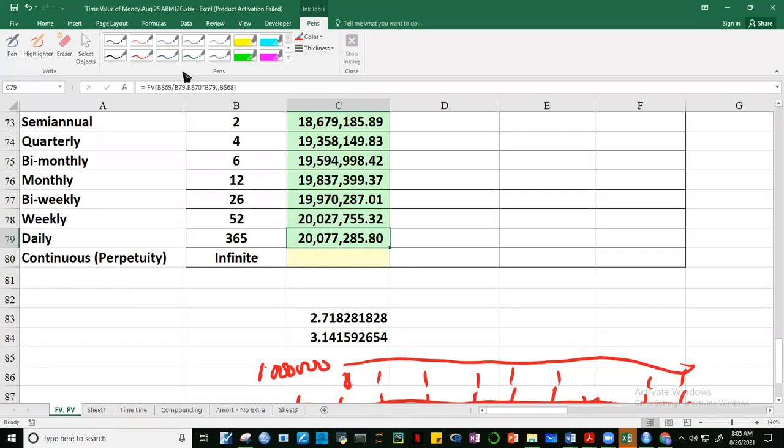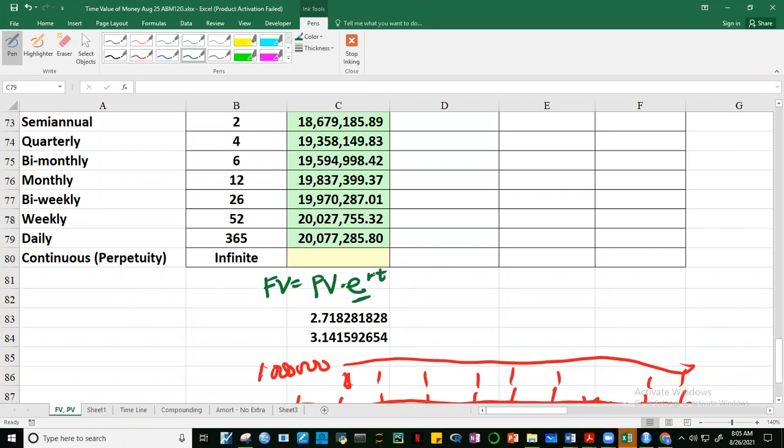So kapag continuous compounding, guys, the formula there is ito. Yung future value natin is equal to the present value times e to the r times t. Okay. I assume, guys, that you have met this number, e. Na-meet nyo na ba yan sa subjects nyo? Baka sa math?